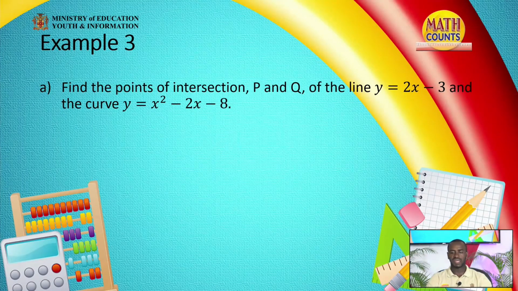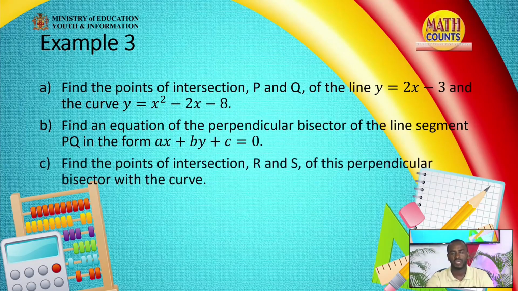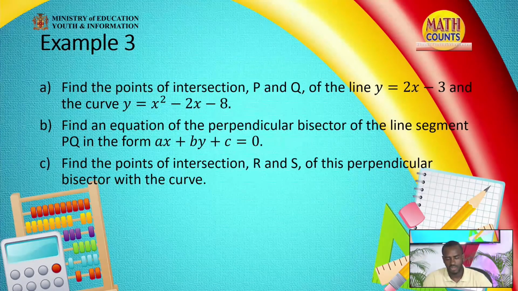While I think about that, I will be displaying the other question, which is find an equation of the perpendicular bisector of the line segment PQ in the form AX plus BY plus C equals 0. And the third question that we will display is find the points of intersection R and S of this perpendicular bisector with the curve.